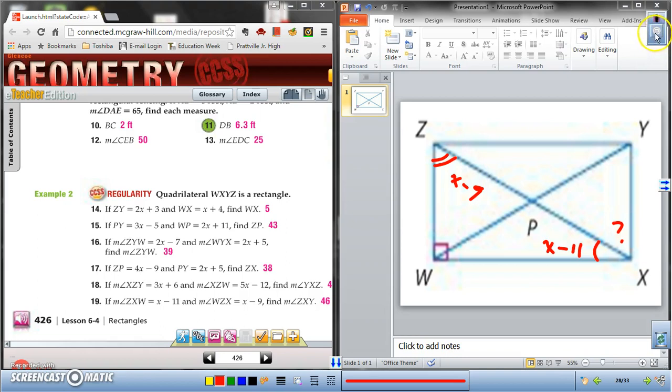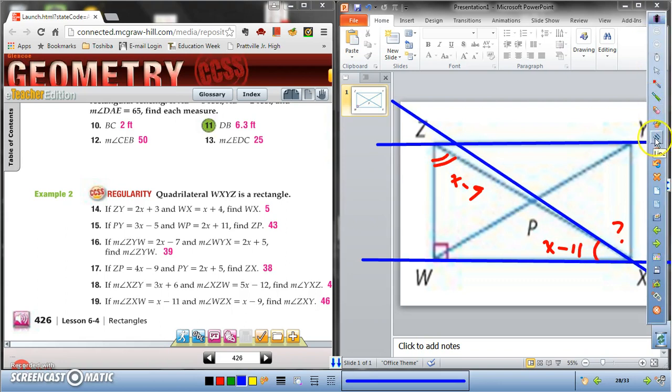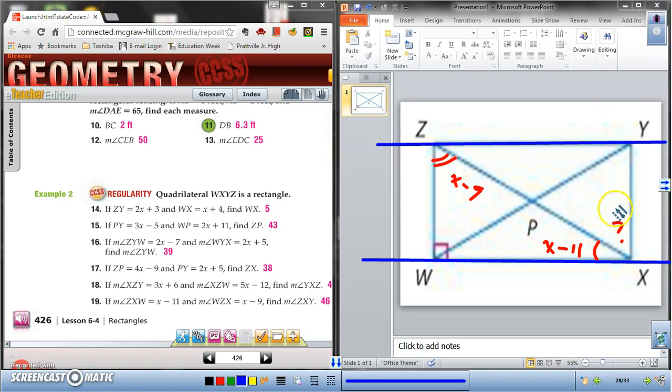Okay, but again, I can focus my attention specifically on this line ZY, this line WX, and the diagonal ZX.